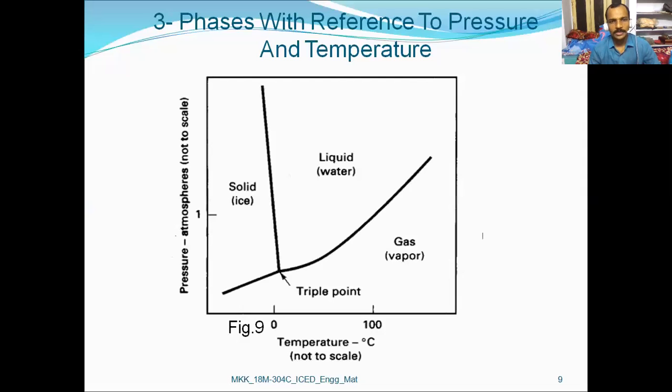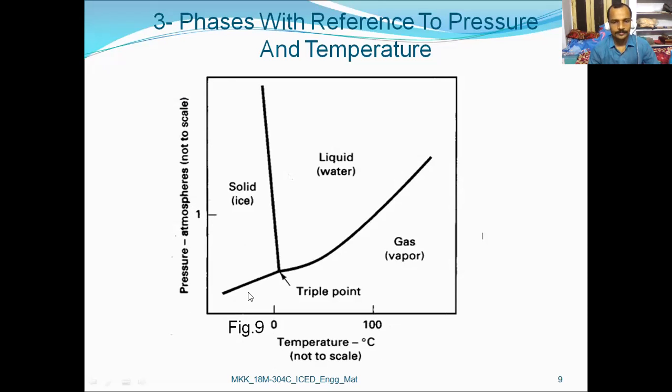So now let us have a look at the different phases, three phases with reference to pressure and temperature. Here on the x-axis we are taking temperature in degrees centigrade, whereas on the y-axis pressure, nothing but atmospheric pressure. Everything is not given to scale, but here this is 0, this is 100, and here we are taking the pressure as 1.